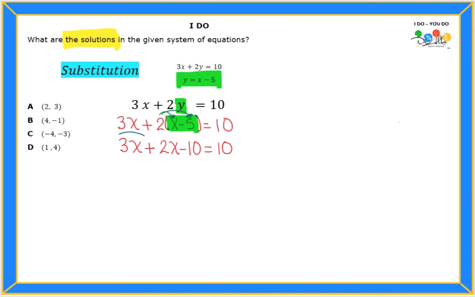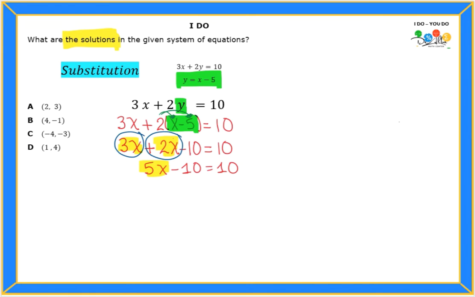So the ones that I can combine are 3x and 2x. Is that right? Okay, and that will give me 5x minus 10 equals 10. So notice how now for my variable x, instead of having two terms, now I have only one. Is that right?